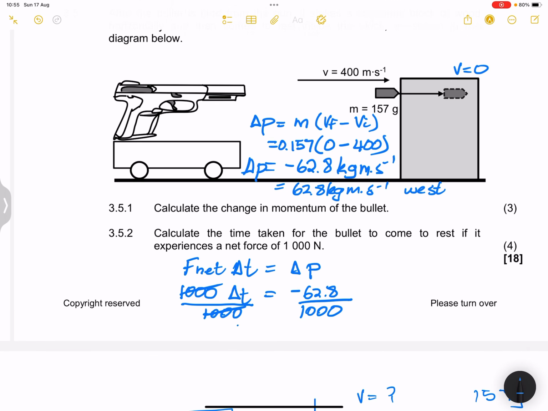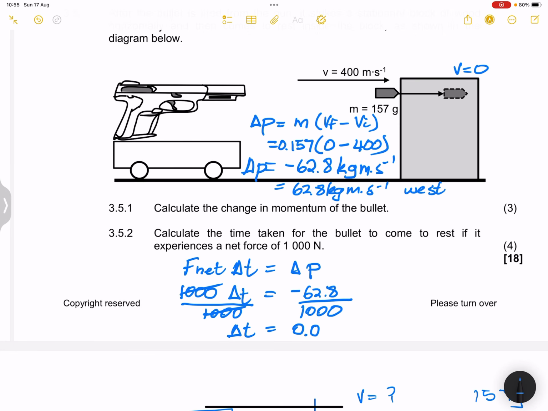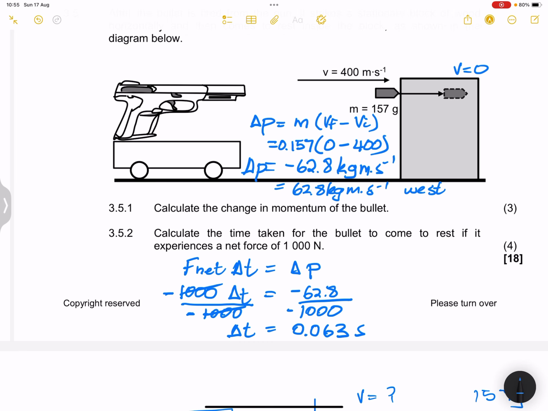In fact, we need to be very careful here because the force will also be in the opposite direction. That's why we're getting a time that is negative there. And remember, you can't get negative time, guys. So it's 0.063 seconds.